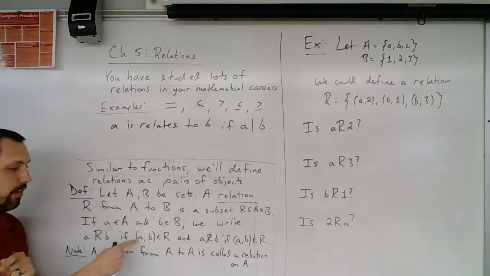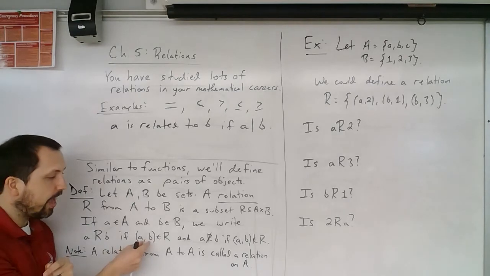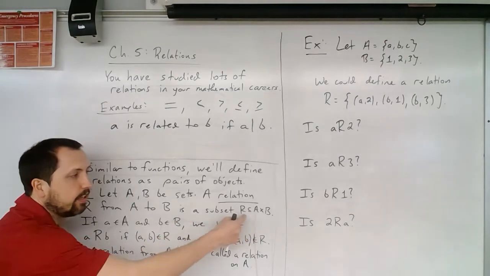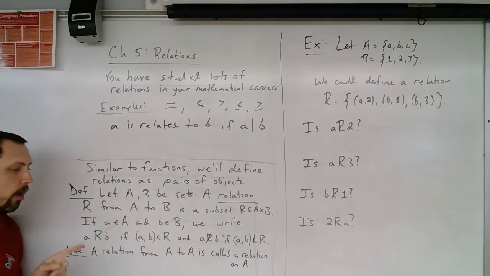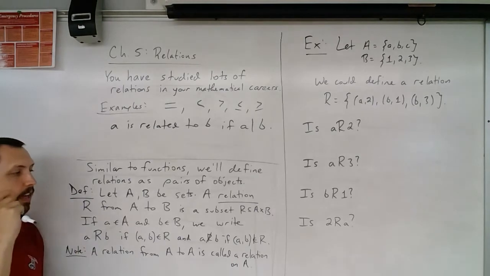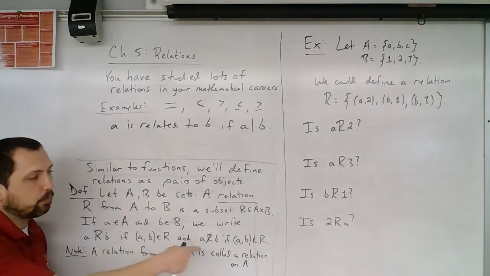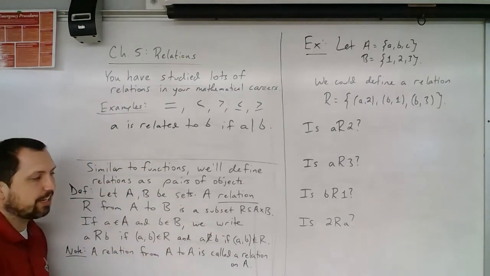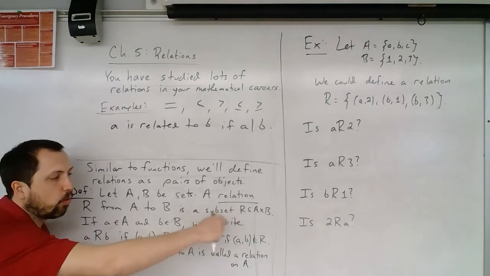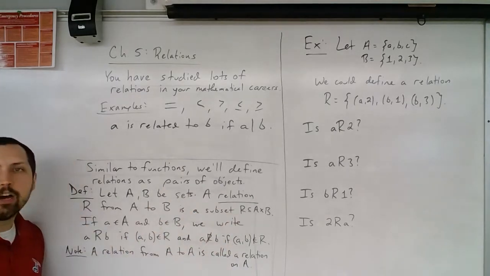So if this ordered pair (a, b) is in our relation, however we're defining this R, that means that a is related to b. And vice versa, we could put a little slash through the R and say that these are not related if this ordered pair is not in R, not in our relation.